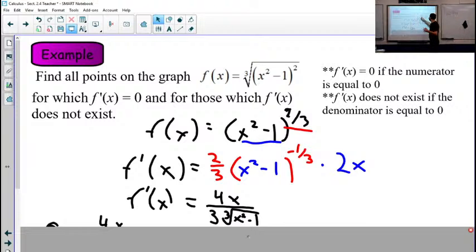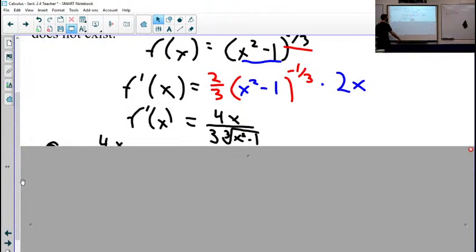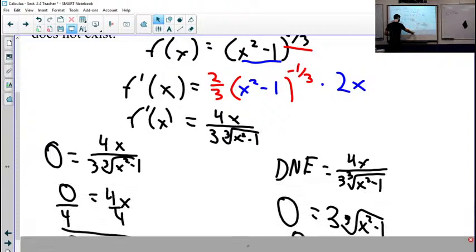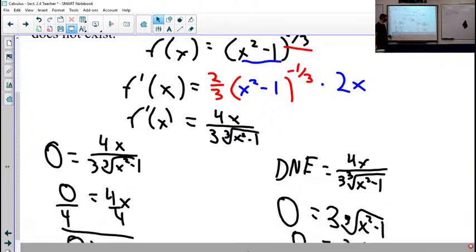Then to see where this does not exist, remember we're looking for where the bottom is 0. So where is the bottom 0? What will we put in for x to make the bottom 0? Not 0.